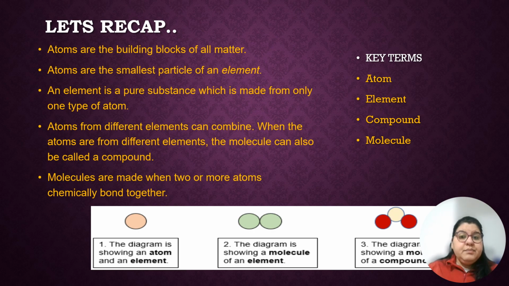An element is a pure substance which is made from only one type of atom. Atoms of different elements can combine. When the atoms from different elements combine, the molecules can also be called a compound. Molecules are made when two or more atoms chemically bond together.